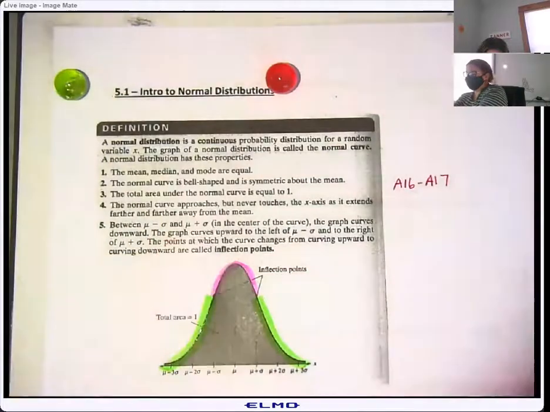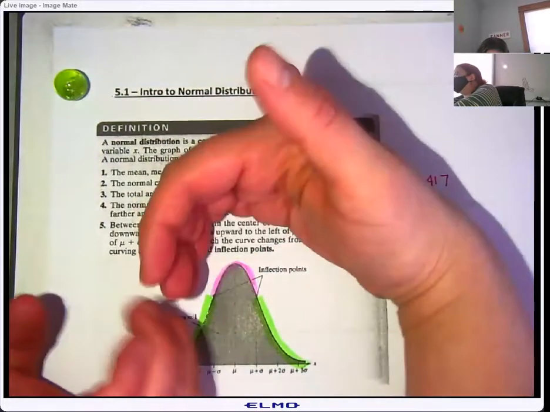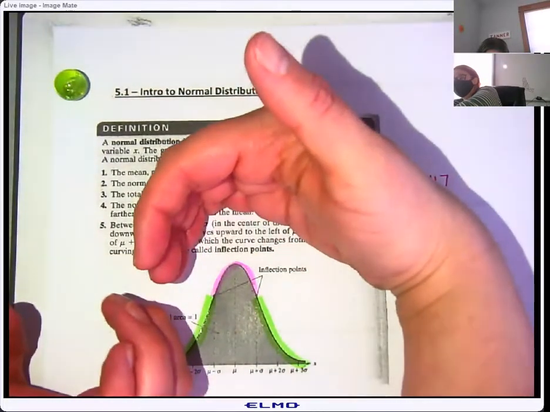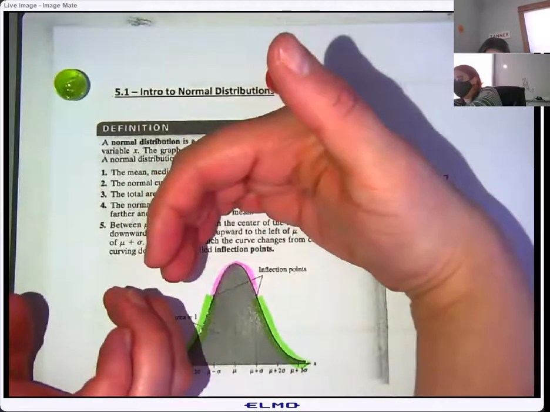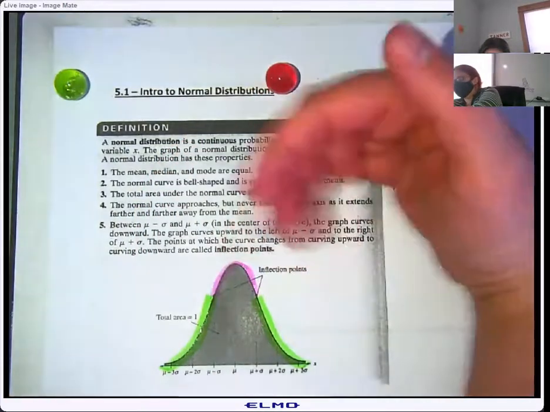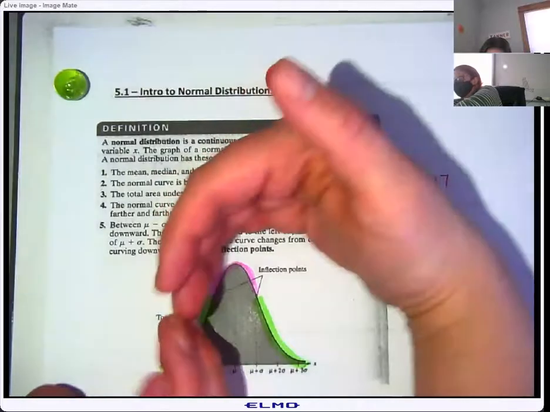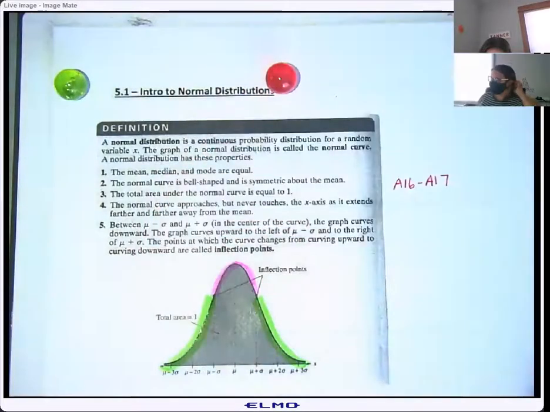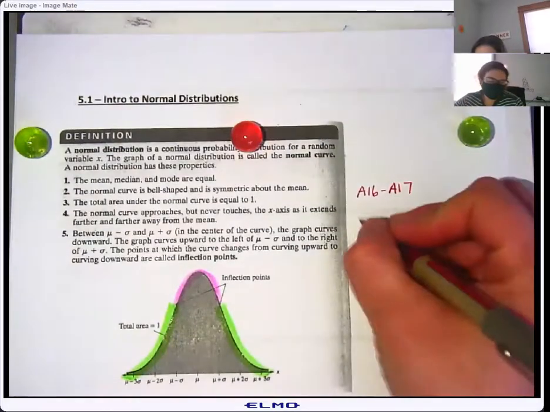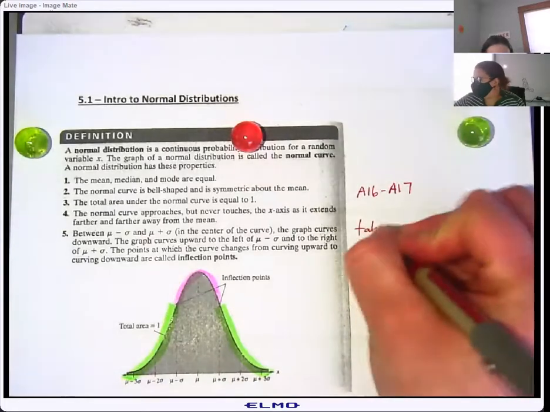So an inflection point is essentially where it goes from being curved up to curved down. You see where it changes right about that dot? Okay, so here's what you need to write in your notes. On A16 and A17, the table always reads to the left.